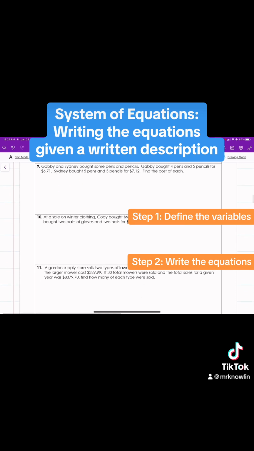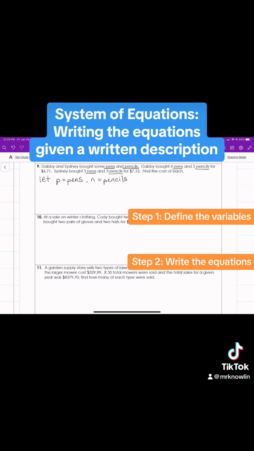Let's go ahead and take a look at number 9. Step 1, like always, is to define our variables. And here we're talking about pens and pencils. So we pretty much know that our variables are going to represent pens and pencils. Let P represent pens and let N represent pencils.